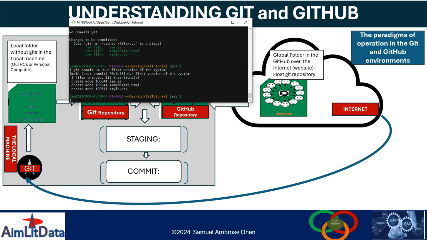And created mode 100644 sam.js, 100644 website.html, 100644 style.css. So we can do git status now. Remember, always do git status to see what is there, what is pending.